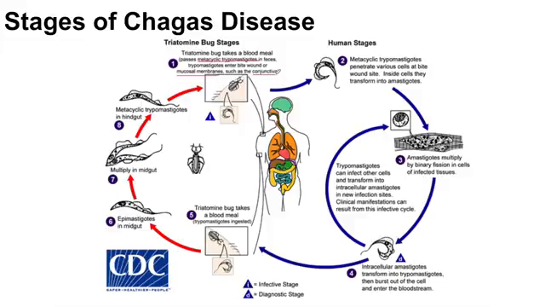So when a person perhaps wipes their face, if there's any fecal material on their face, that fecal material can enter into a mucosal membrane such as maybe the mouth, the nose, or the eyes, and usually it's the eyes. And once that occurs, we have metacyclic trypomastigotes penetrating into various cells in the person, either again at the bite wound site or in the mucosal membrane.